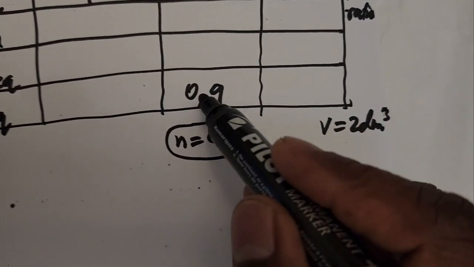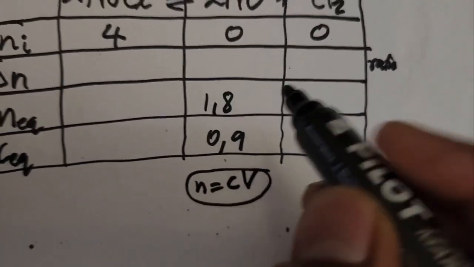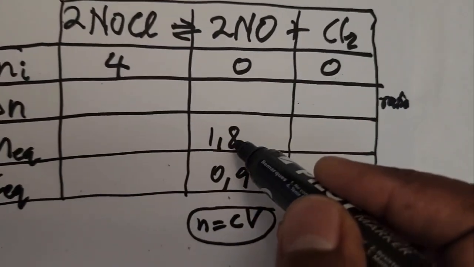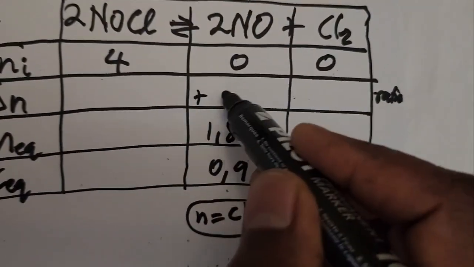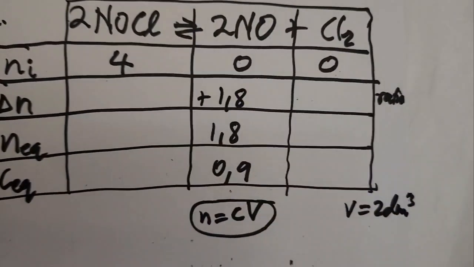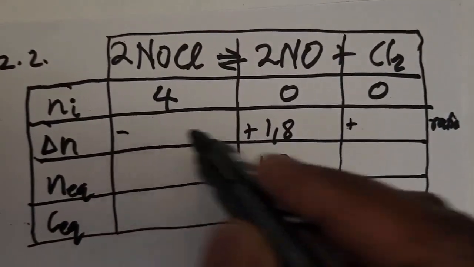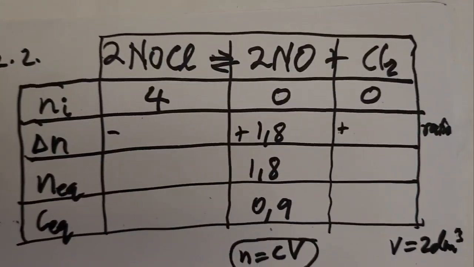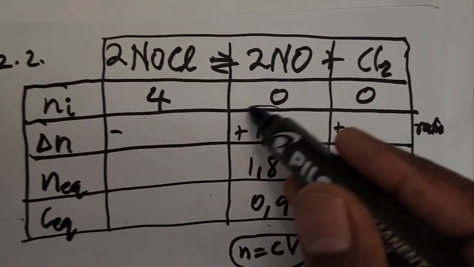So multiply the concentration by volume. This one multiplied by 2 will be 1.8. And now if you started with 0 and finish with 1.8, how much was produced? It will be positive, this 1.8. Fine, then I can quickly know that this is positive, negative. No problem. Everything will start from this one.